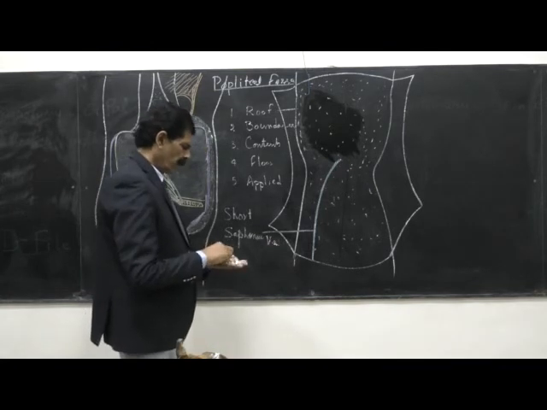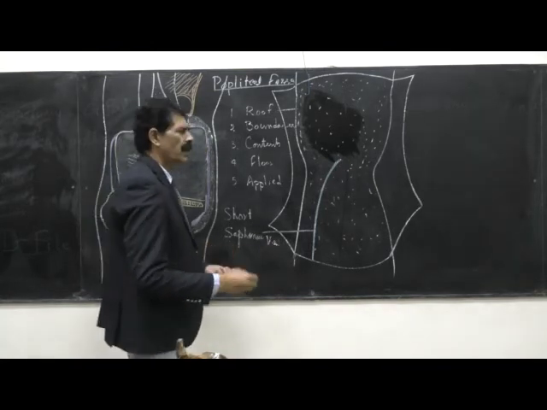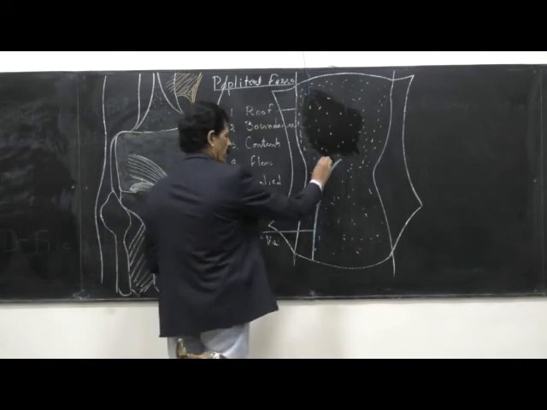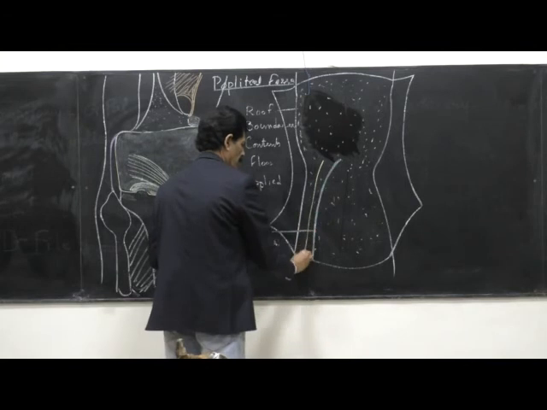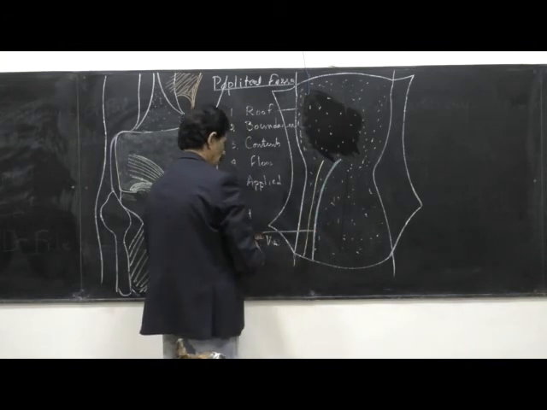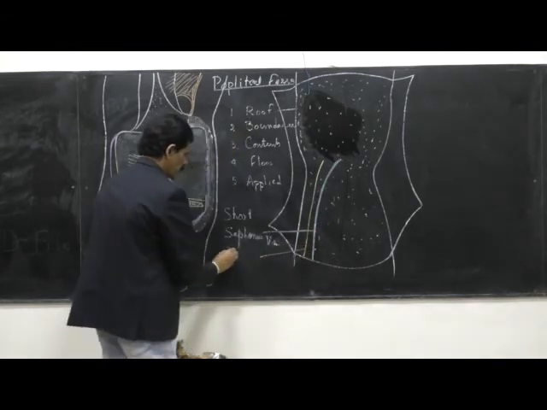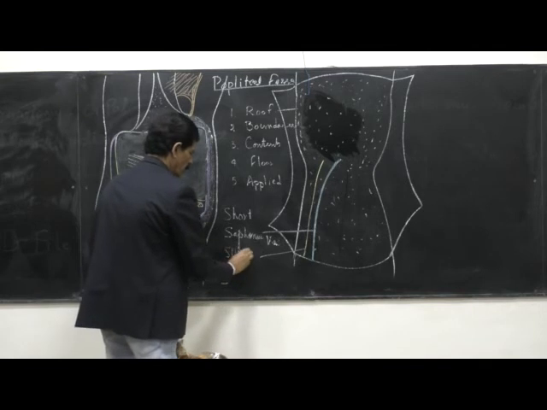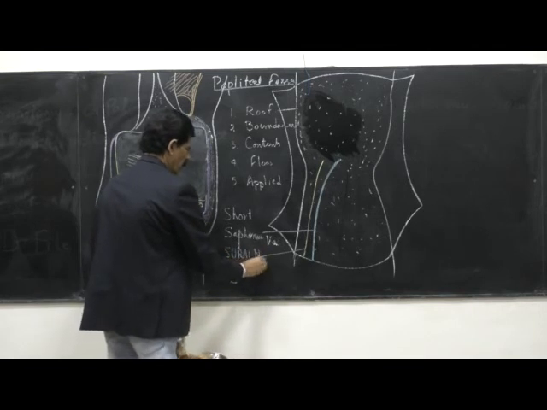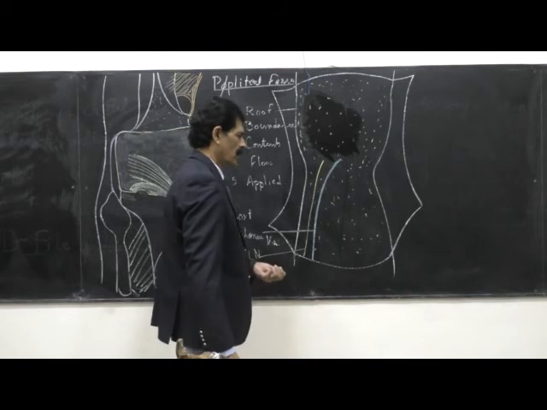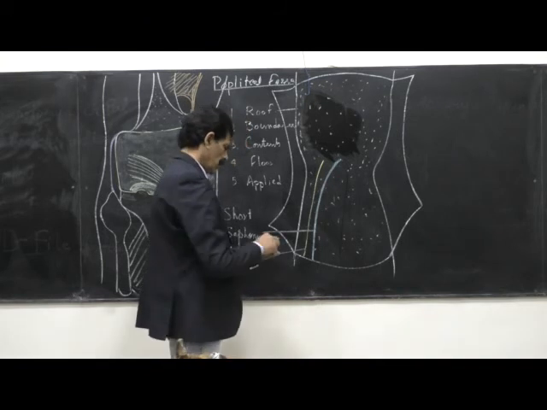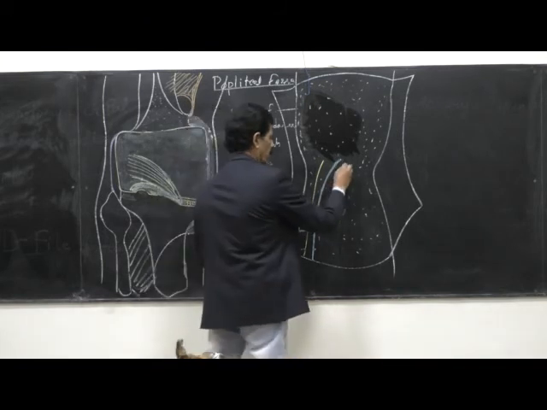And along this vein, on the lateral aspect, we see a nerve also coming. This nerve is called the sural nerve, almost parallel with the vein. Then we also see some occasional lymph nodes around the vein.